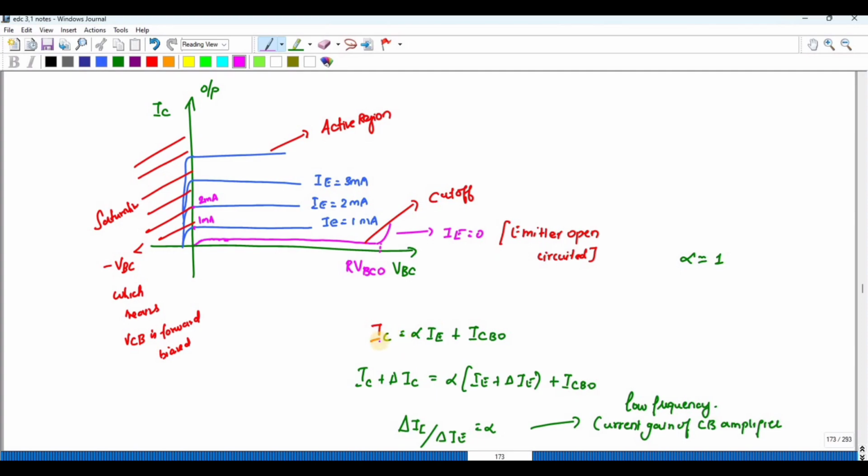So I can write the value of IC: IC is equal to alpha IE plus ICBO. This is a DC current and this is an AC current. Overall I can write alpha is equal to del IC divided by del IE.